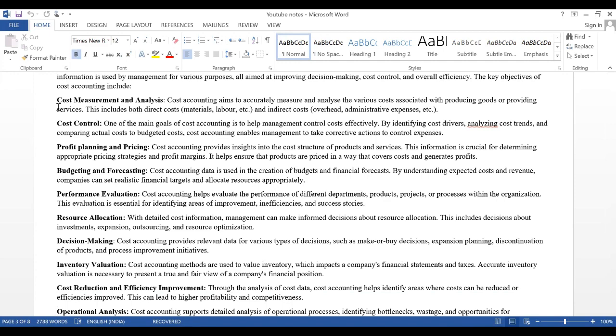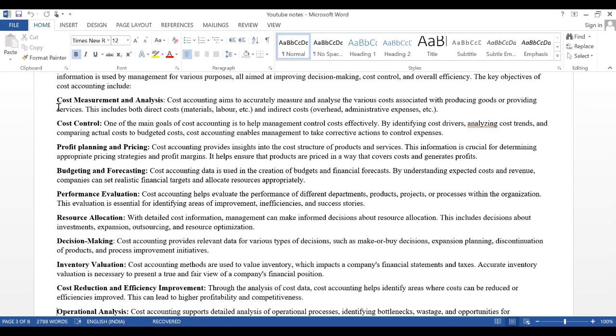Second thing is it helps in controlling the cost. The second objective, and one of the most important objectives of cost accounting, is to control the cost. See, when we prepare the cost sheet, we see how much we have spent on labor, how much we have spent on MD salary, how much we have spent on advertising, right?